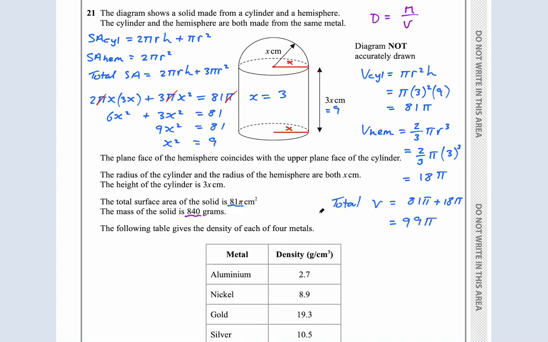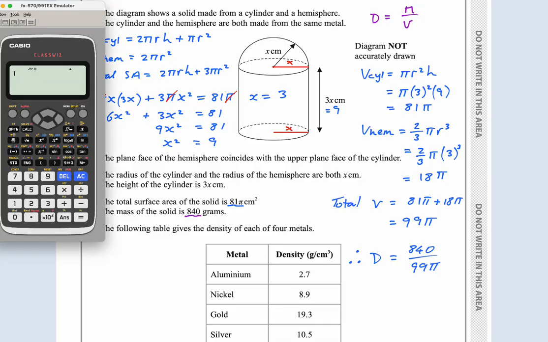So I'm going to do my 840 divided by 99 pi. Therefore, density is equal to 840 over 99 pi. Let's do that. 840 divided by 99 pi.